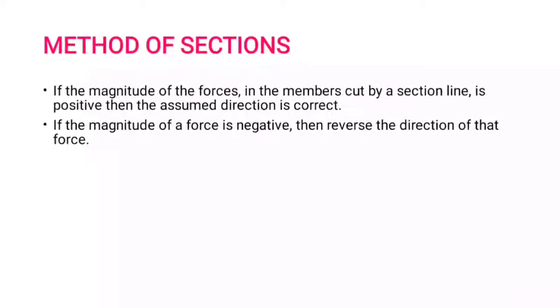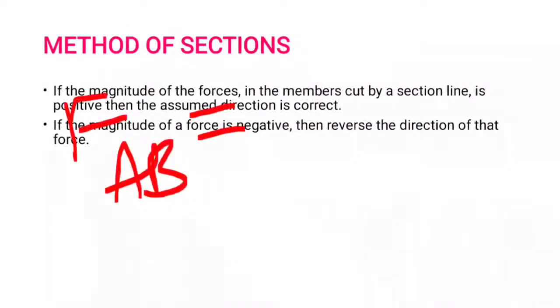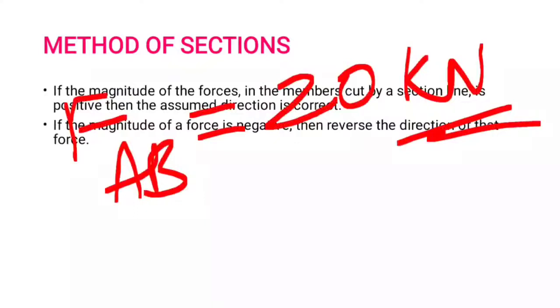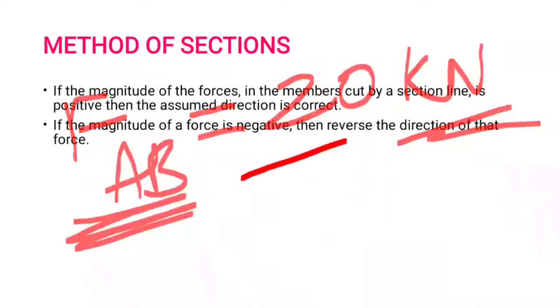Next, if the magnitude of the forces in the members cut by a section line is positive, then the assumed direction is correct. Before I start the method of sections, I assume some direction. If the value is positive, it is correct. If the force in member AB is equal to 20 kilonewtons, the direction I assumed, whether tensile or compressive, is correct.